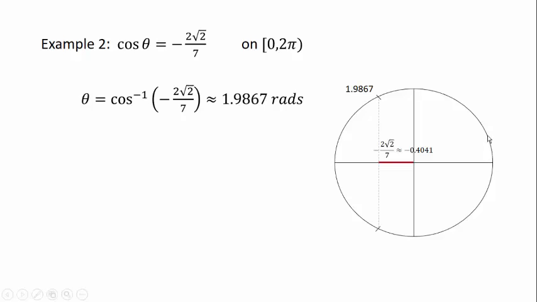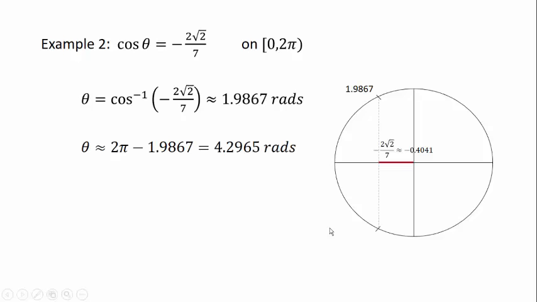So this arc length right here, which corresponds to 1.9867 radians, is equivalent to going in the opposite direction. Starting from 0 and going in the clockwise direction, negative 1.9867.